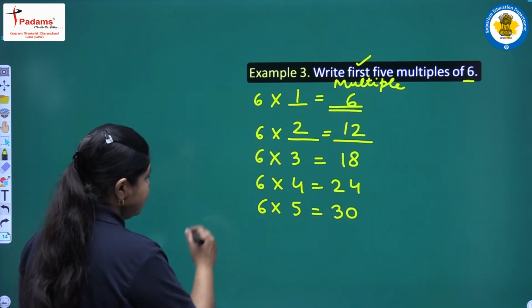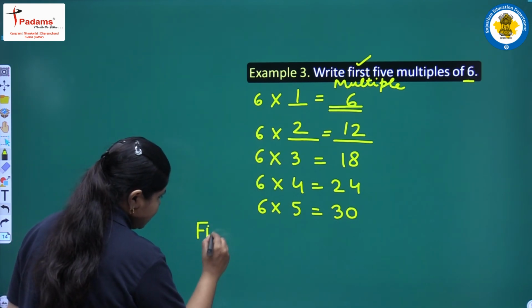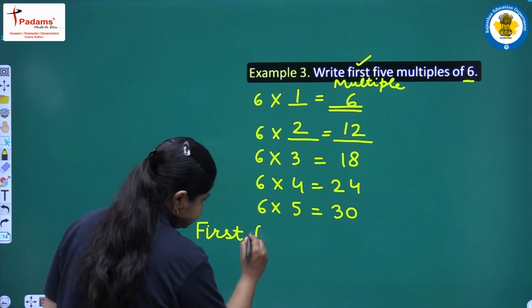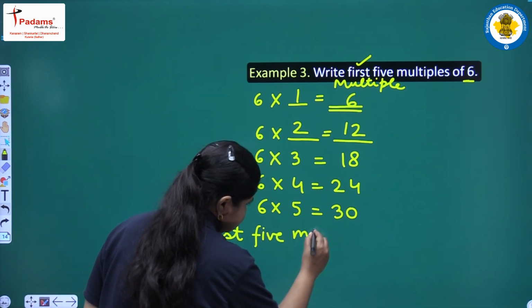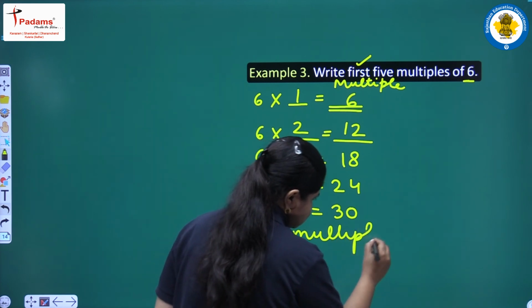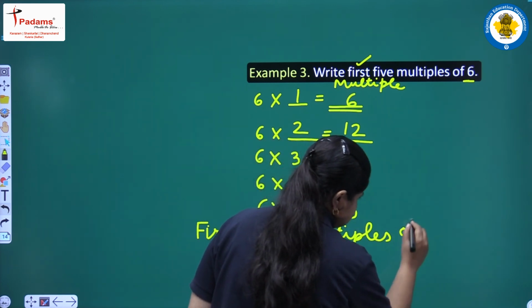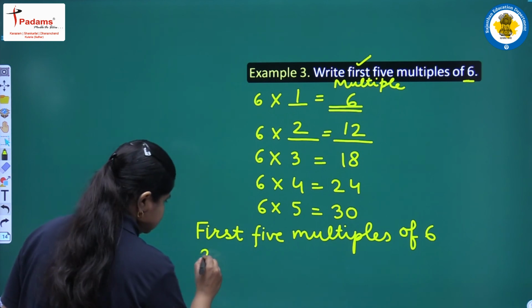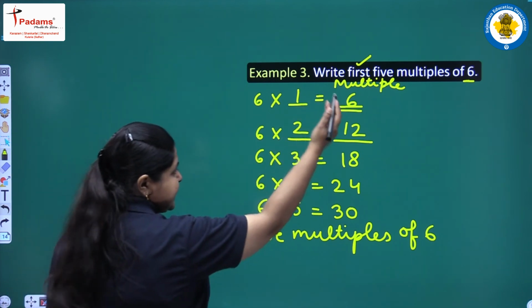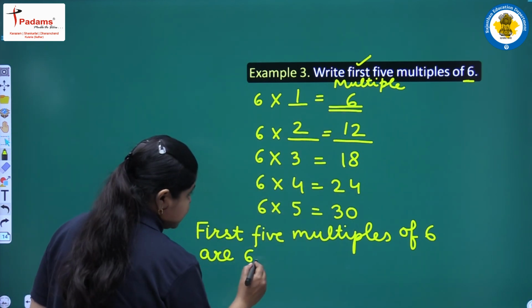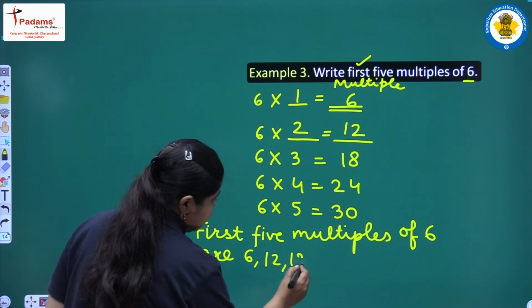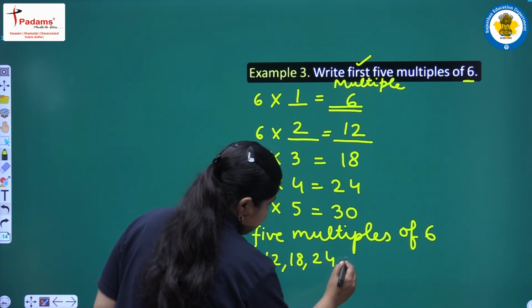So now the first 5 multiples of 6 are these numbers: 6, 12, 18, 24 and 30.